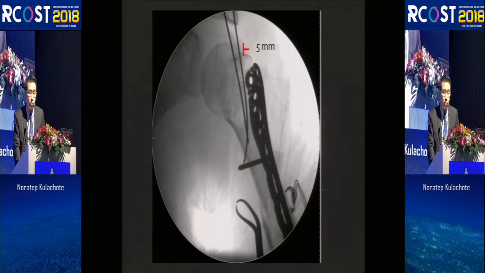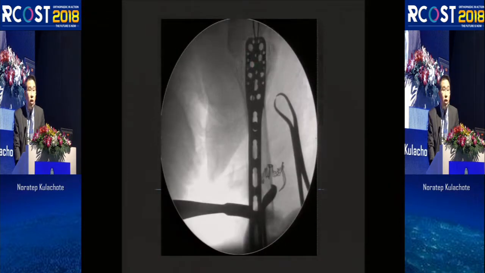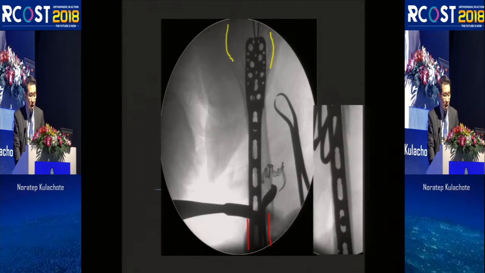Then I inserted the plate 5 millimeters distal to the tip of the tuberosity, and then I checked the lateral view to make sure that the plate was located on the center of the humeral head and on the center of the distal fragment. After that, I applied traction force and temporarily stabilized the distal part with a screw.